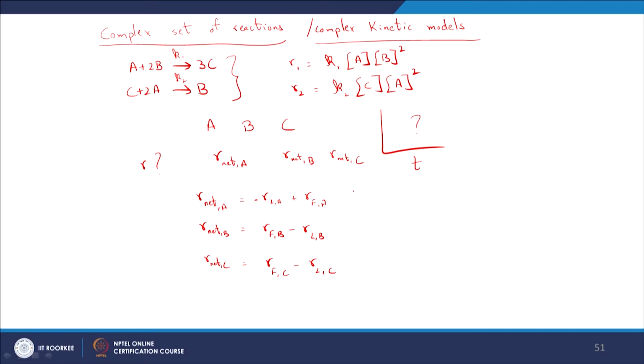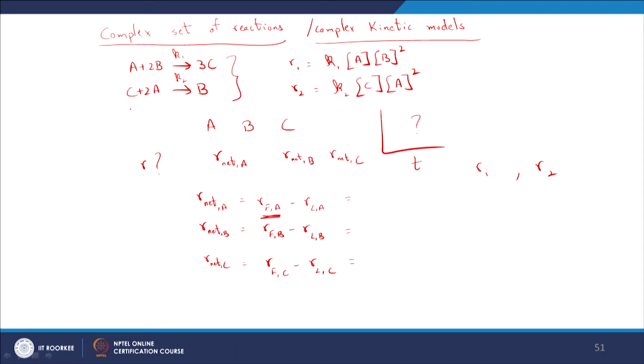So let's see what we have here. Let me use the same nomenclature. R net of A equals rate of formation of A minus rate of loss of A, and let's see how we can relate them to the rates of reactions 1 and 2, right? So how is A being formed?